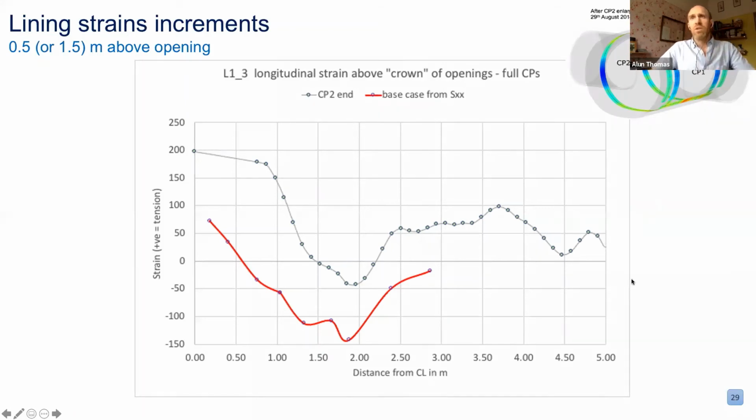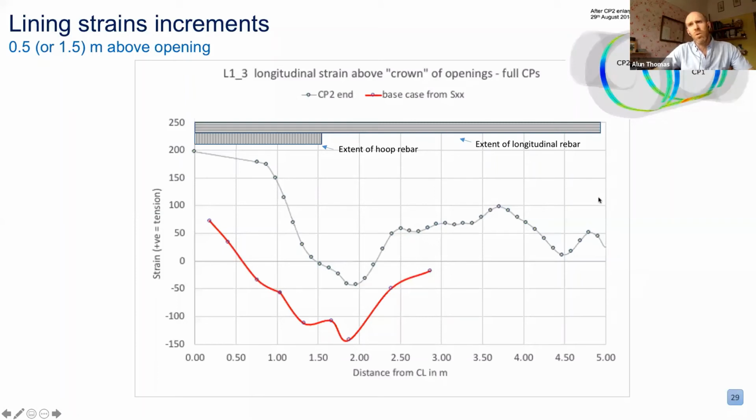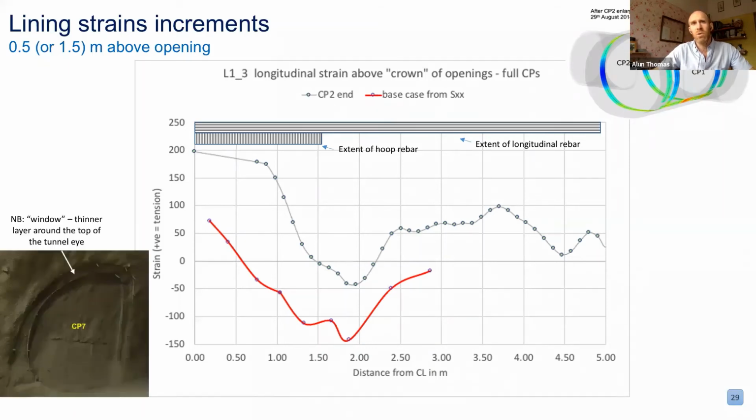That whole area is an interesting one and a complex one. There seems to be a little bit of a correlation between some of the pattern and the location of the reinforcement that was placed. Not exactly sure why that is, but there appears to be some sort of correlation there. And also we have to remember that it's an area where there are quite a few different parts to the construction process.